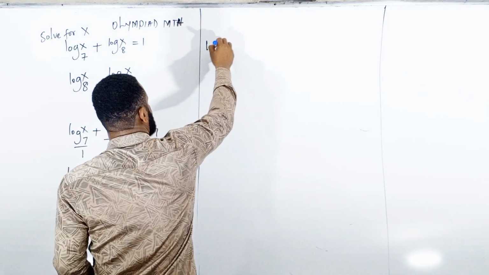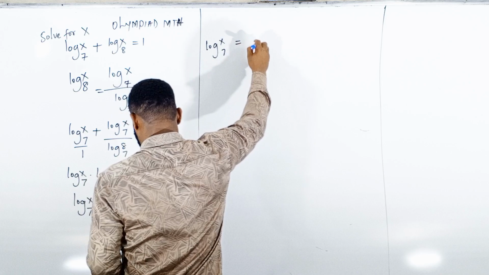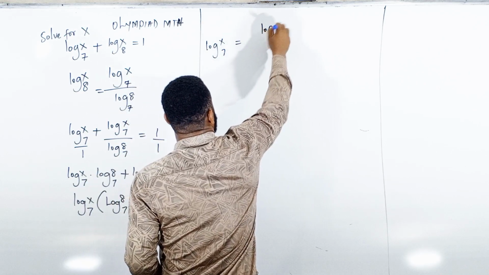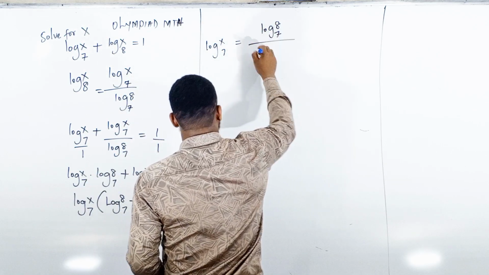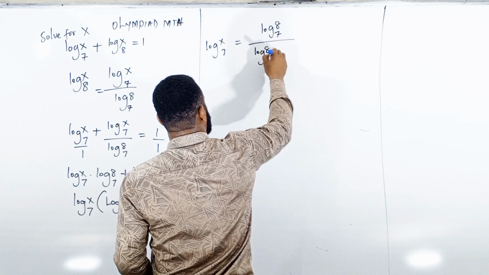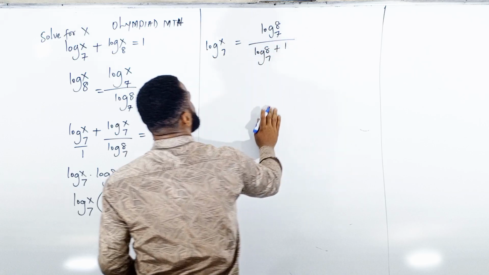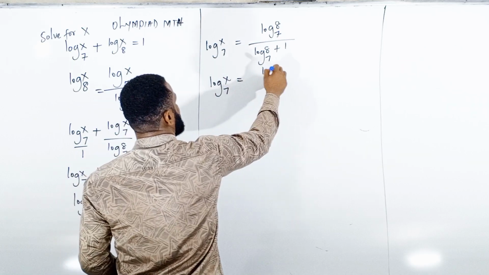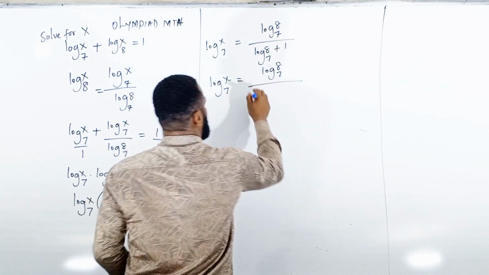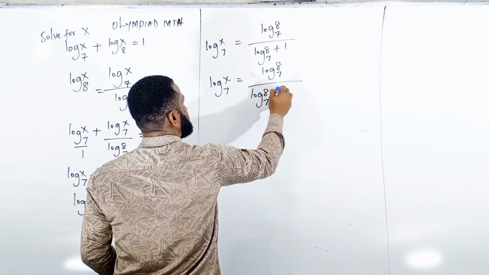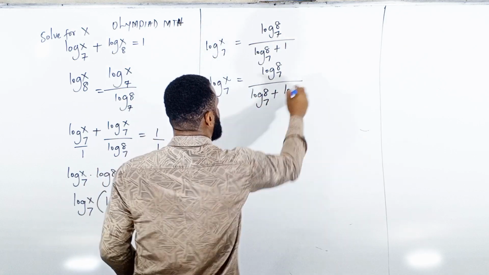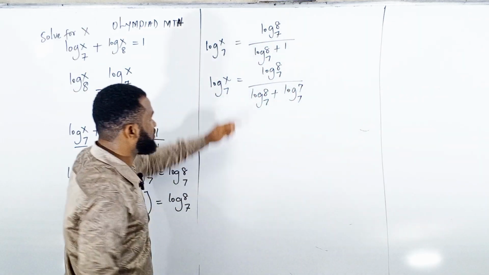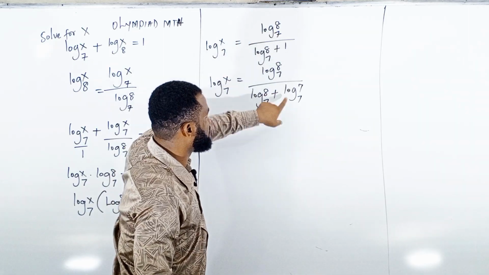I have log x base 7 is equal to log 8 base 7 all over log 8 base 7 plus 1. Okay, so this is log x base 7 is equal to log 8 base 7 all over log 8 base 7 plus log 7 base 7, because this is 1.